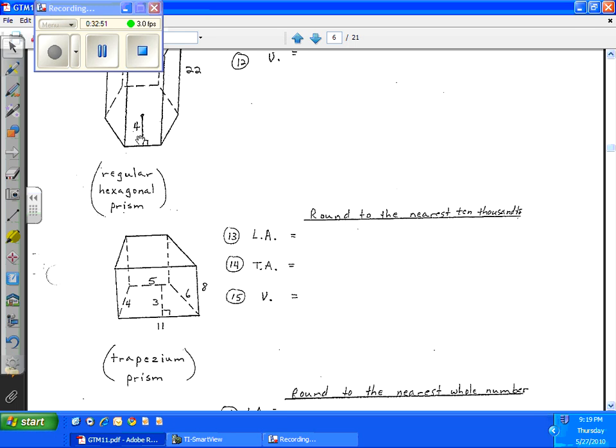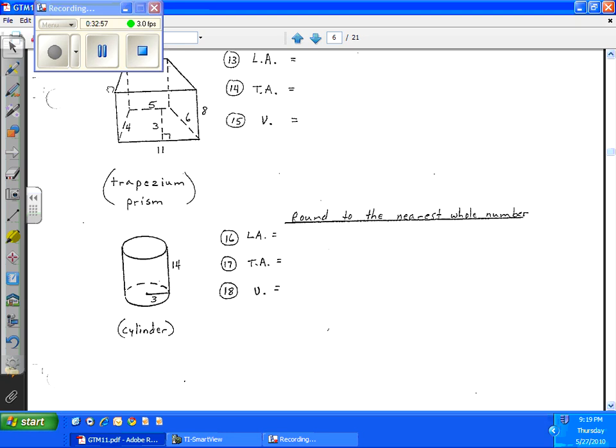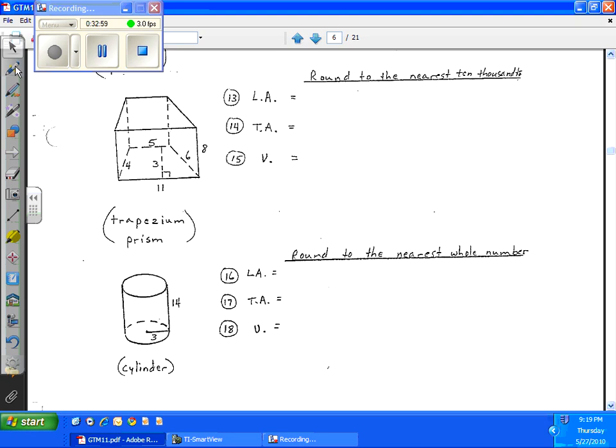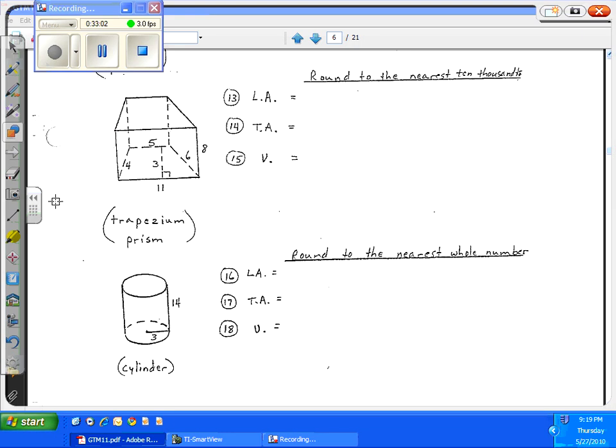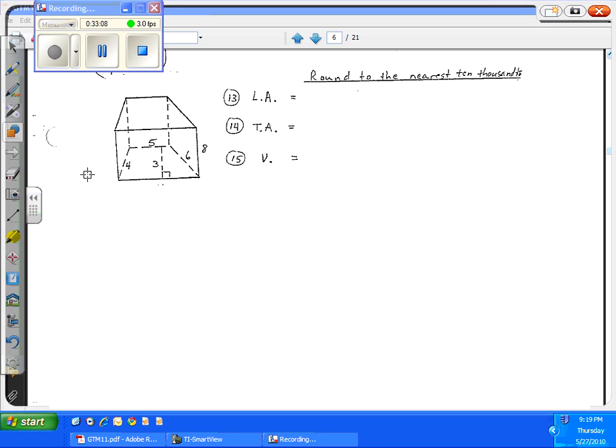Remember all that from the regular polygon section of chapter 10. All right, let's go to the trapezoid. I find that I have students at times that are concerned about trapezoid stuff. Just we don't use them a lot.